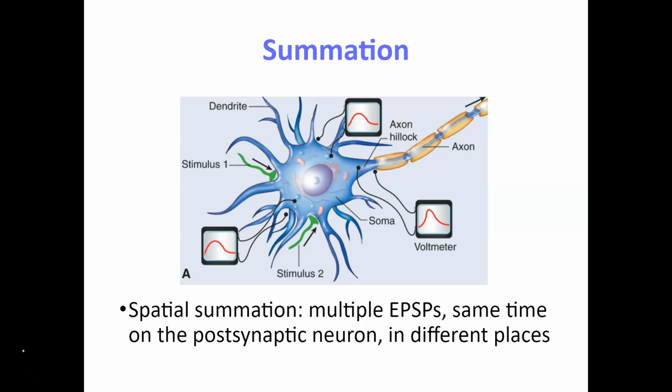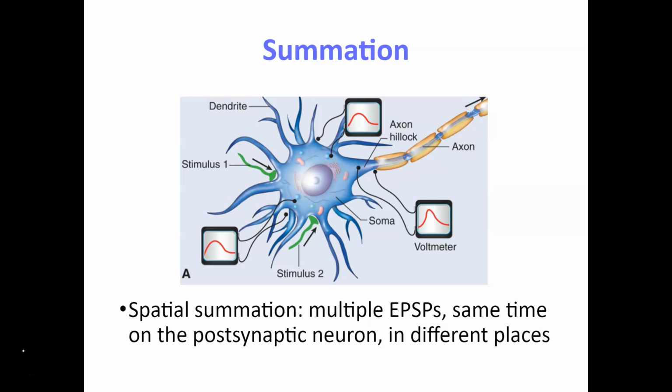Now, these stimuli in this picture are arriving at the same time, but in different locations on the cell membrane. This is called spatial summation. So each stimulus has its own space.